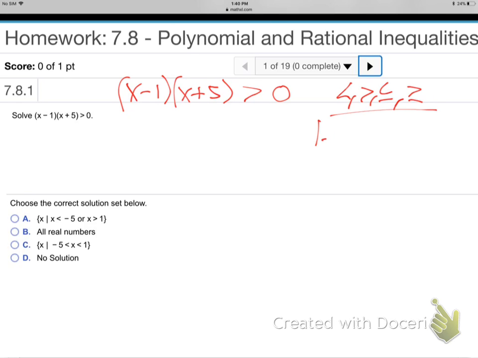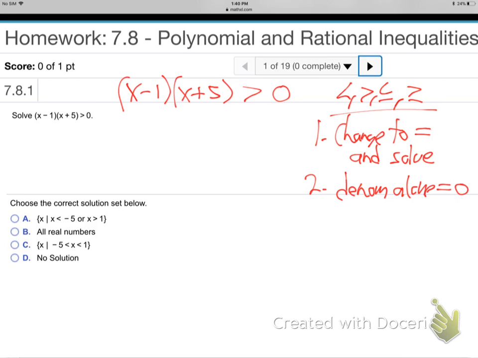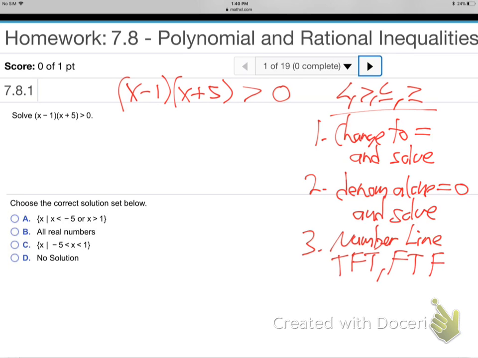Step 1, change to equals and solve. Step 2, denominator alone equal to 0 and solve. Step 3, number line, true, false, true, false, true, false kind of thing.